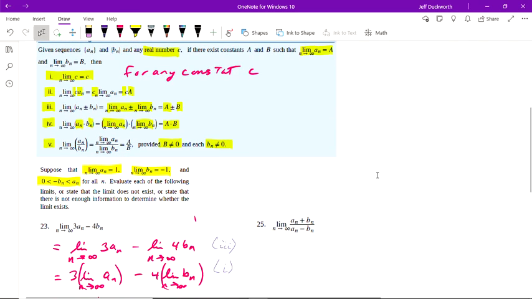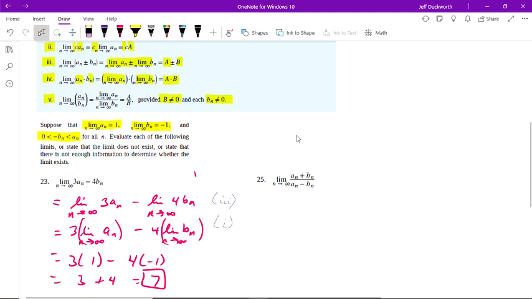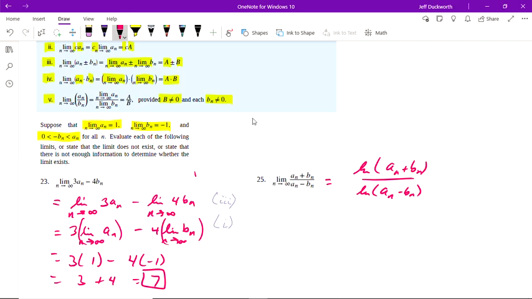All right, we can do that. So this, we have a quotient, so let's break it up into the quotients here. This is the limit of an plus bn over the limit of an minus bn, and I'm using number 5 here. Then we're going to use number 3 on both the numerator and the denominator.